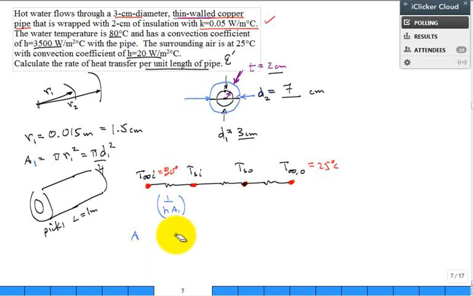Let's stay with 1. This is the flow cross-sectional area. This would be 2 pi R1 L. Is that right? It's the circumference times the depth. So it's the length of this line, the circumference, times the length.